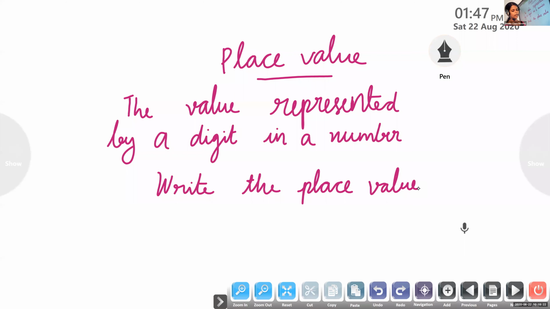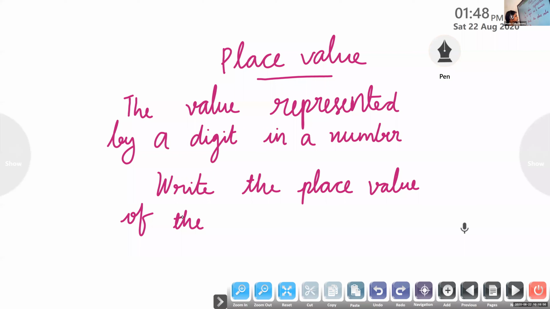Write the place value of the encircled. Yesterday we studied the same word, encircled. Encircled means something which is inside the circle. So here also one digit is inside the circle.